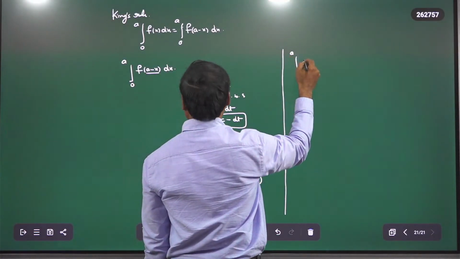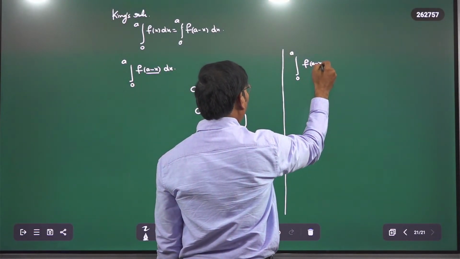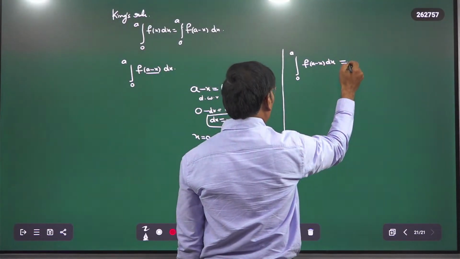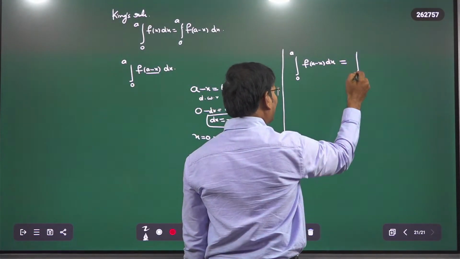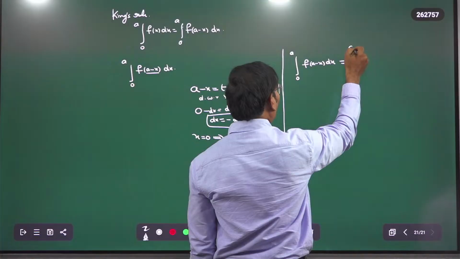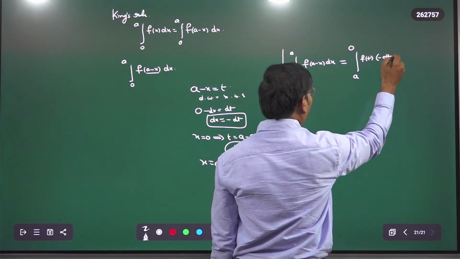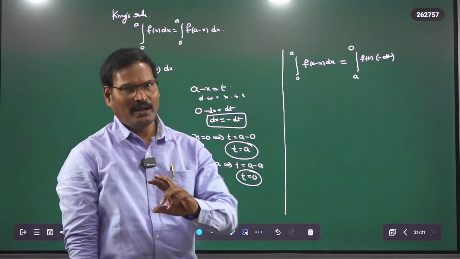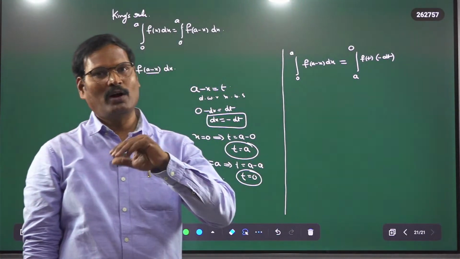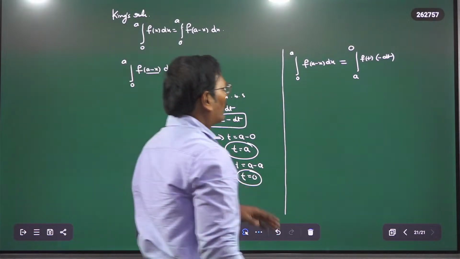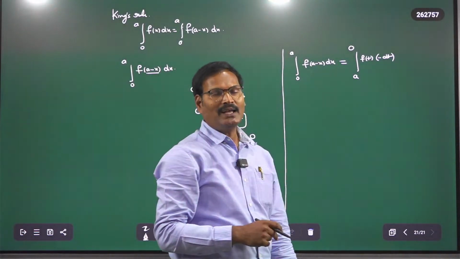Integral 0 to a f of a minus x dx is equal to integral a to 0 f of t into minus dt. The limits must be 0 to a, small to big, so I am interchanging the limits.